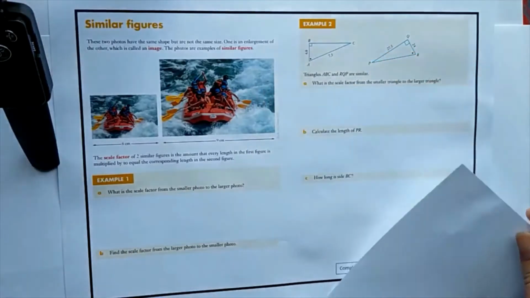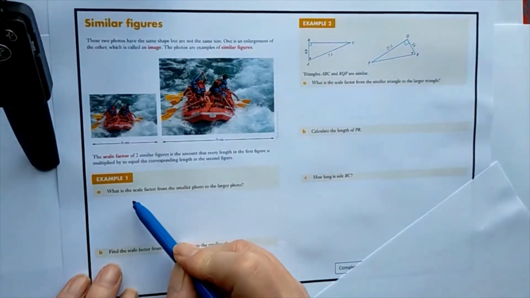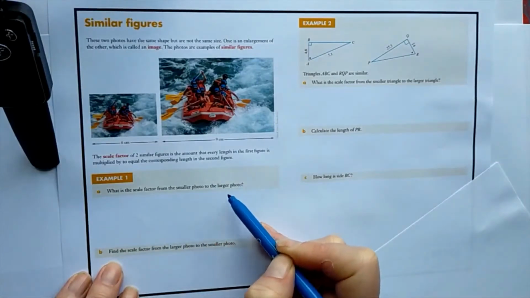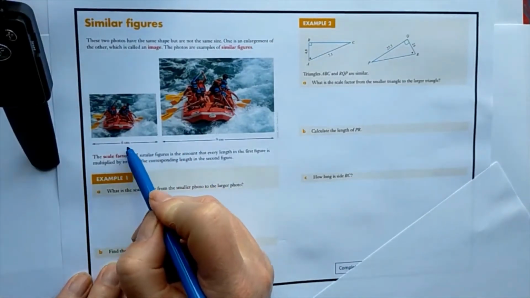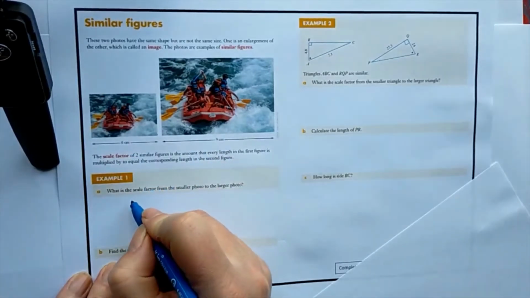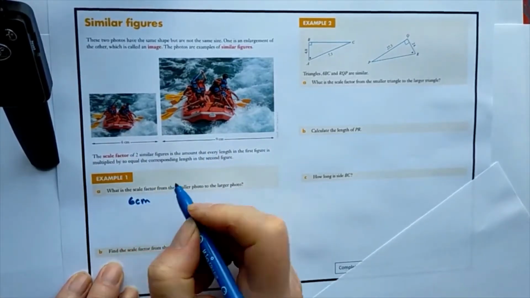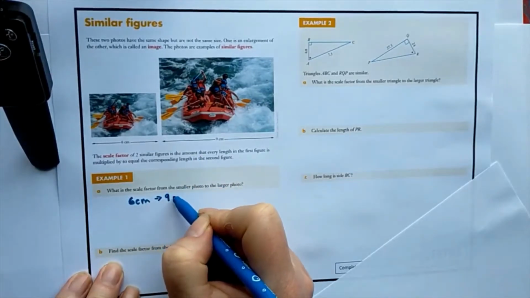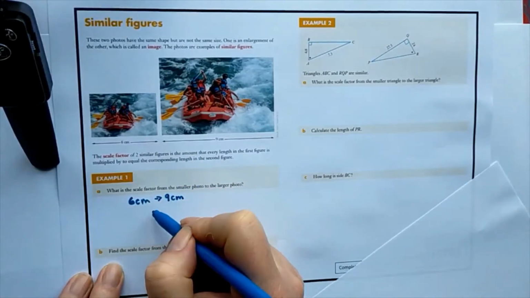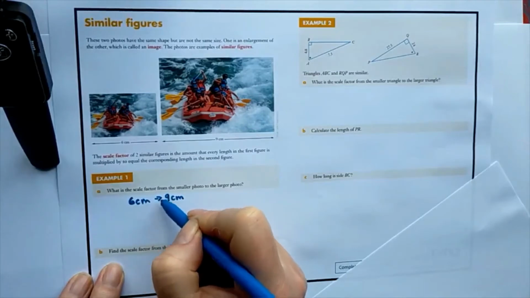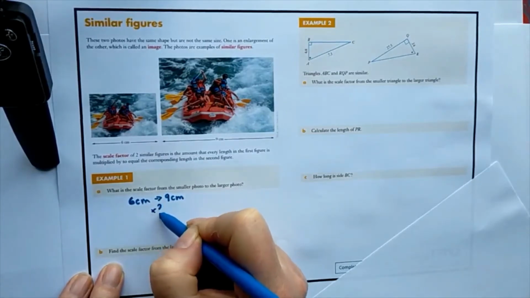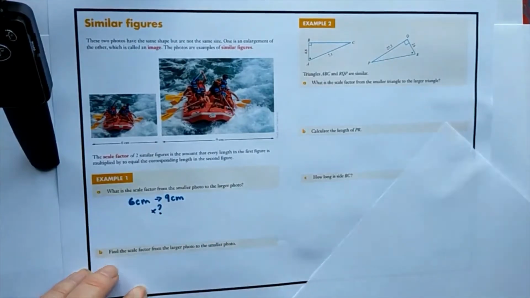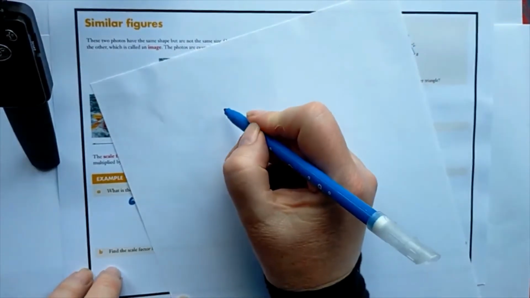So in our question here, it says, what is the scale factor from the smaller photo to the larger photo? So it says here, our original measurement is 6 centimetres and it ends up being 9 centimetres. And we need to work out here the scale factor times 6 gives us 9 centimetres. So I want you to think back to your times table.